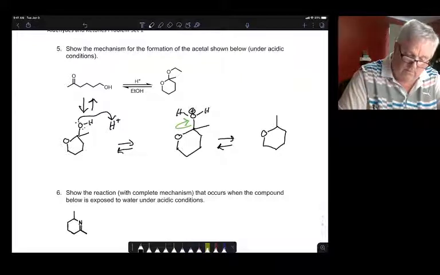That's our methyl group, and we have a carbocation, and I'm just going to put my water over here.